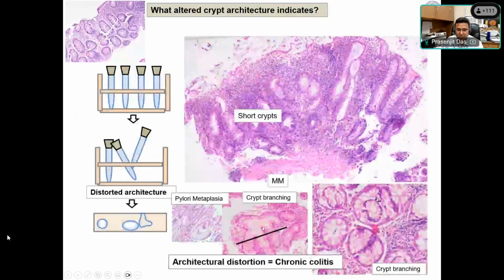Sometimes, other than architectural distortion, the normal intestinal epithelium may be replaced by other metaplastic epithelium. Here I am showing you pyloric metaplasia, that is also a feature of chronicity. So if you see architectural distortion, or in an ileal biopsy pyloric metaplasia or surface villiform change, that only tells you that the disease is chronic.